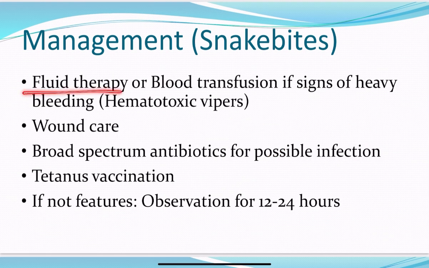You can give fluid therapy or blood transfusion if there are signs of heavy bleeding, like in case of hematotoxic vipers. Do wound care. Broad spectrum antibiotics might be needed for possible infection. Tetanus vaccination should be done. But if there are no features of snake envenomation, then admit the patient for observation for 12 to 24 hours.